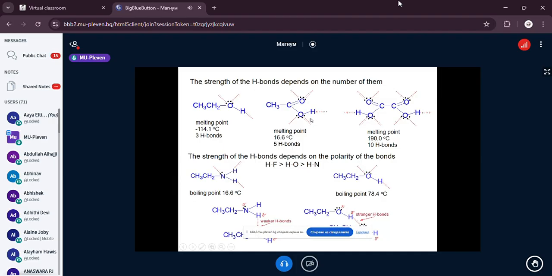Five hydrogen bonds also. This compound, oxalic acid, very much correct.